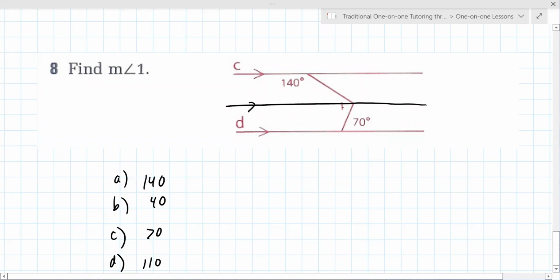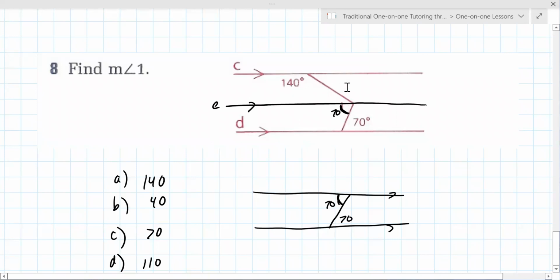Do you see this angle down here? Let's call it E. Imagine D and E are here, and that's 70. What would this angle right here be? Also 70. That's maybe hard to see.